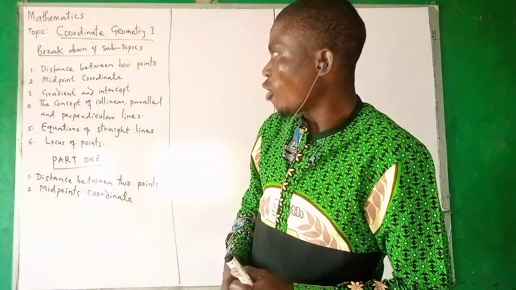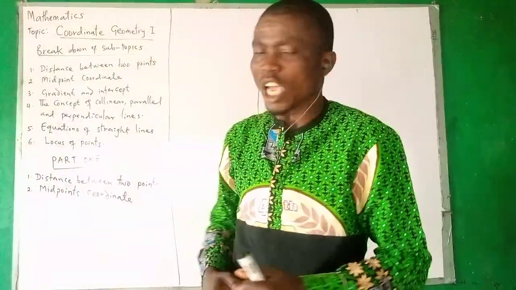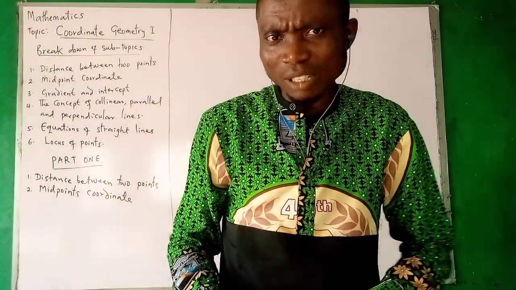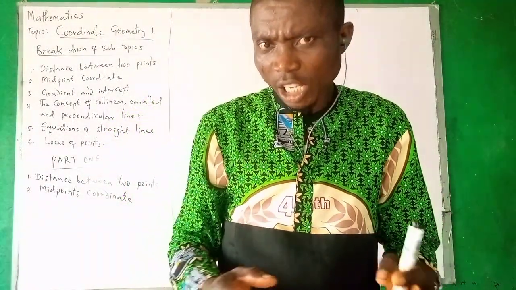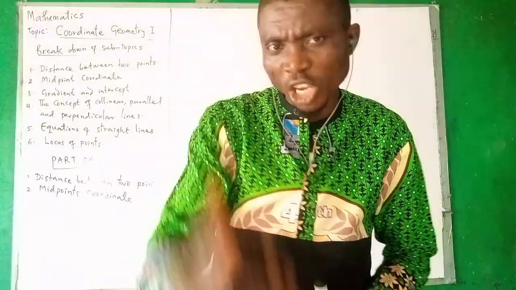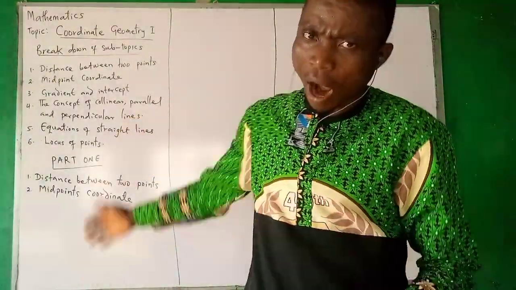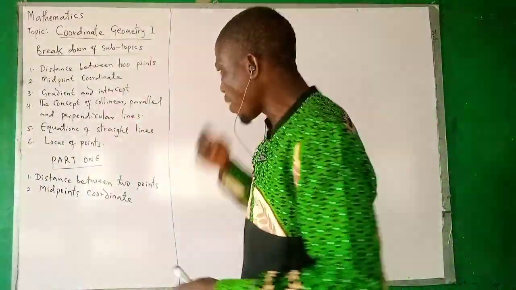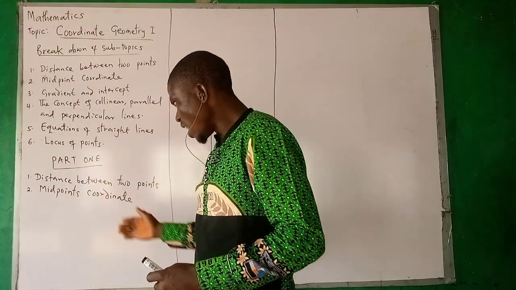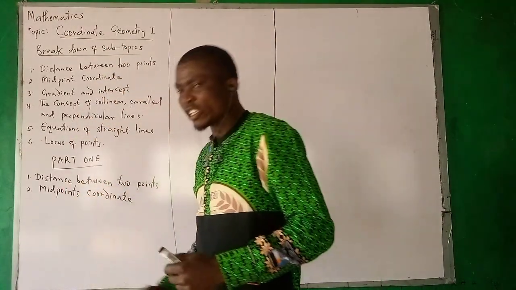From the breakdown it is going to be a long teaching, so I'm going to section it into different parts. For today, I shall be talking on part 1, and part 1 comprises distance between 2 points and midpoint coordinates.